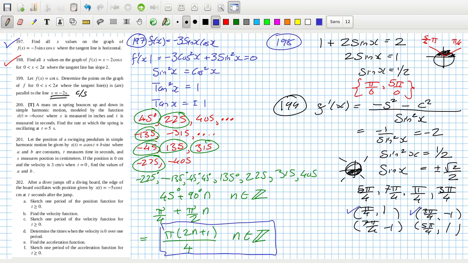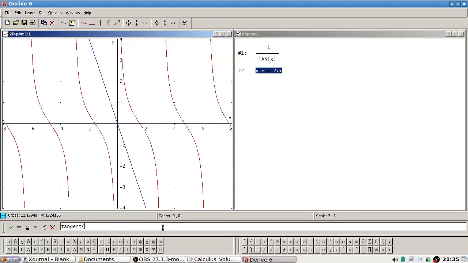So the first one is the tangent of equation 1 when x is pi over 4. Just want the tangent line here.